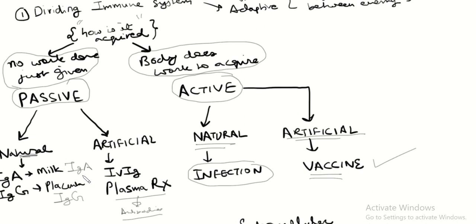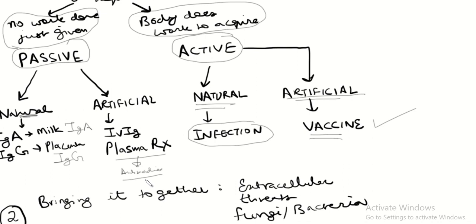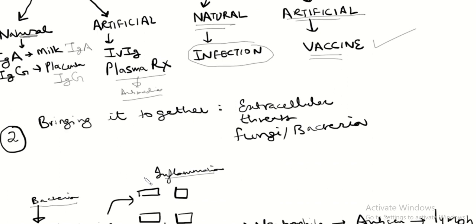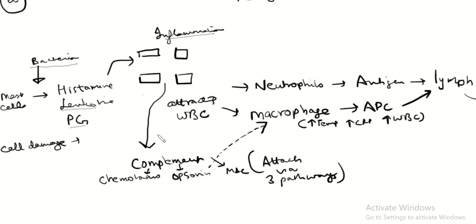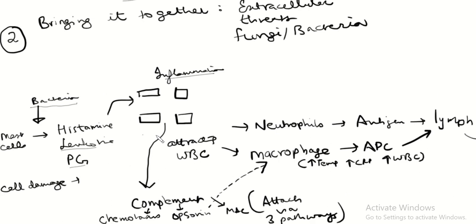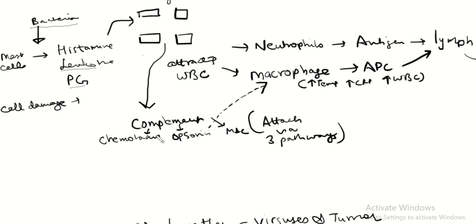If it's through artificial means like IVIG, then it's artificial passive immunity. And if it's natural means like lactation and the baby getting it through the placenta, then it's passive natural immunity. We covered steps that are involved in how the bacteria are attacked by innate immunity and adaptive immunity.